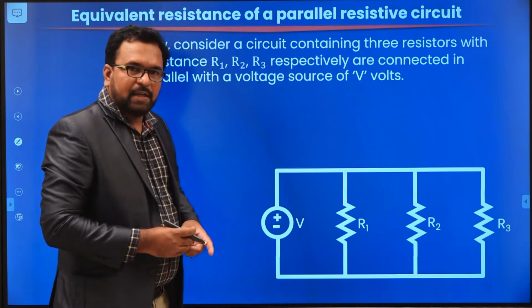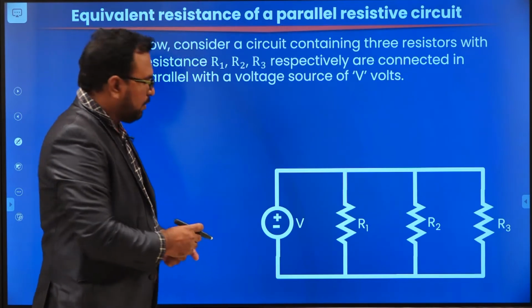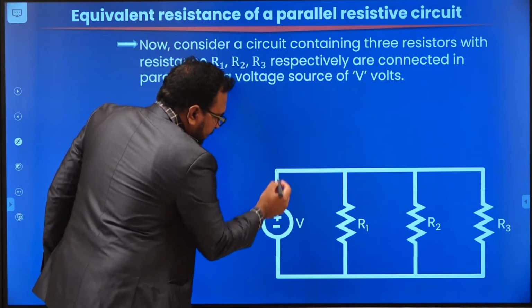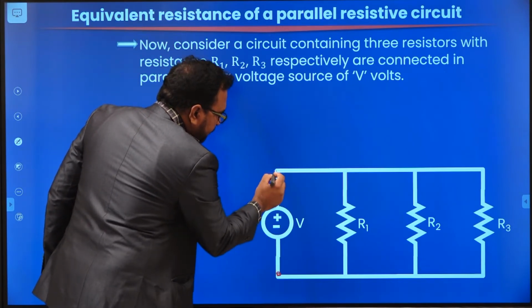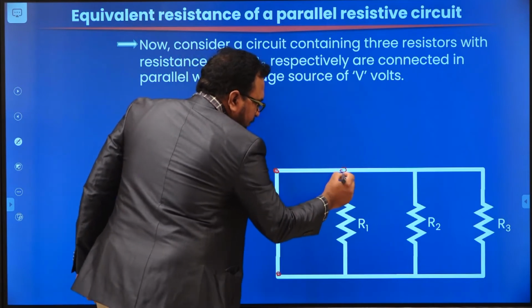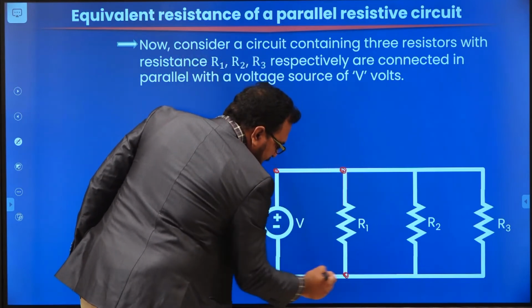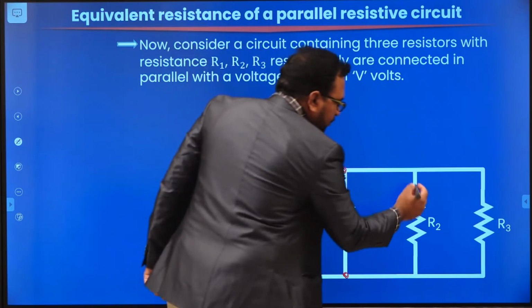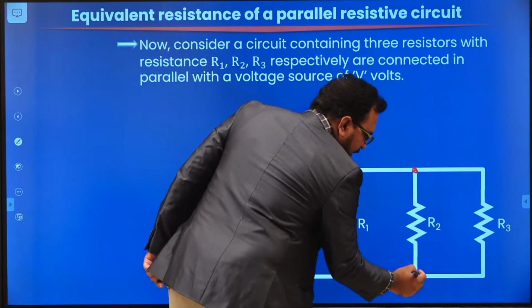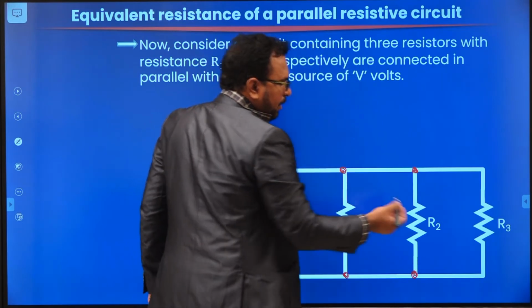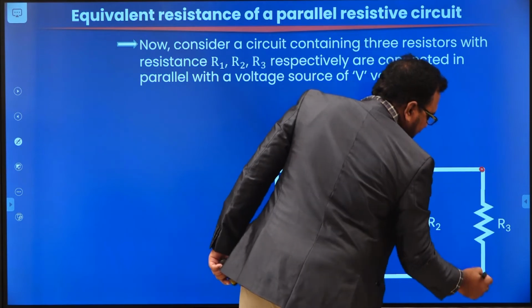How can you say that all these are in parallel? Because there are only two nodes involved. All the terminals: this is one terminal, this is the second terminal. For R1, this is the first terminal and this is the second terminal. For R2, this is the first terminal and this is the second. And for R3, this is the first terminal and second terminal.